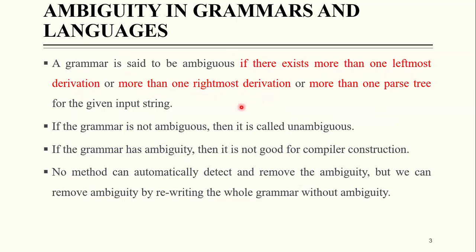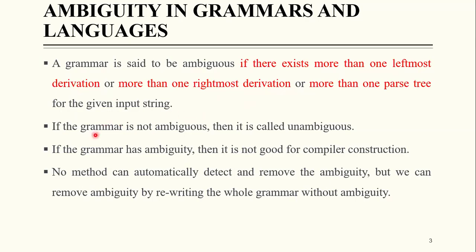For example, if a context-free grammar is given and you want to prove the grammar is ambiguous, then for the same grammar they give one input string. If you are deriving the input string with more than one leftmost derivation or more than one rightmost derivation, or if you are constructing more than one parse tree for the given input string with the given context-free grammar, we can say that the given grammar is ambiguous.